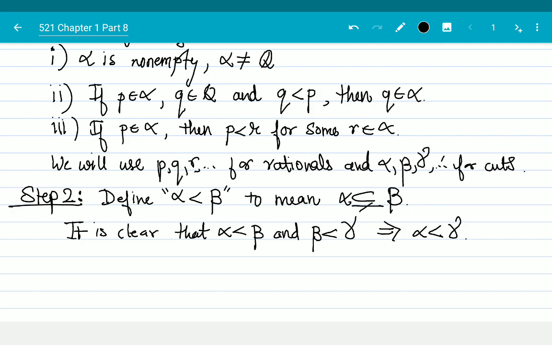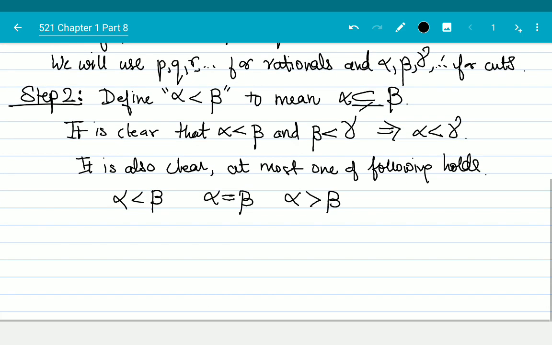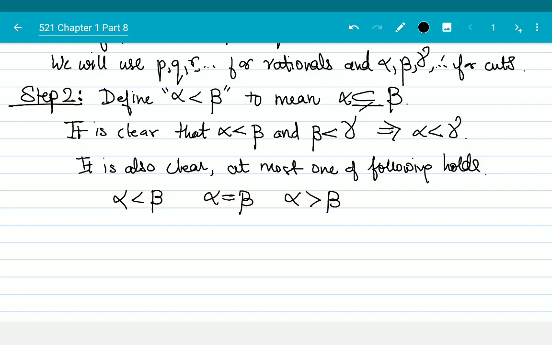And it is also clear that at most one of the following holds: alpha smaller than beta, alpha equals beta, beta smaller than alpha. So you can't have all three. We can't yet show that exactly one of them holds, but it is important to note that at most one of them holds. Two of them can't hold.